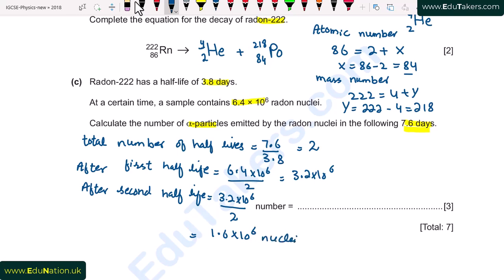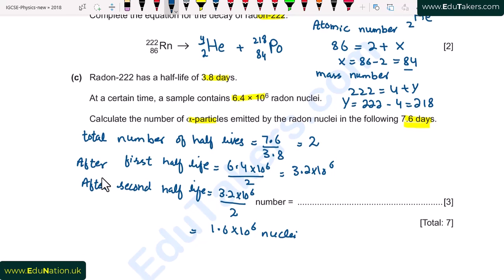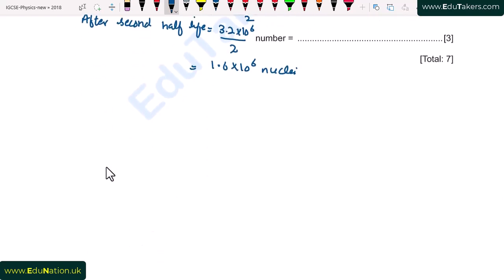So we have to find out the number of alpha particles emitted by the radon. It means that we have to subtract from 6.4 times 10 to the power 6, that is the total number of sample, this value. So I write here 6.4 times 10 to the power 6 minus 1.6 times 10 to the power 6. It will be equal to 4.8 times 10 to the power 6 nuclei.